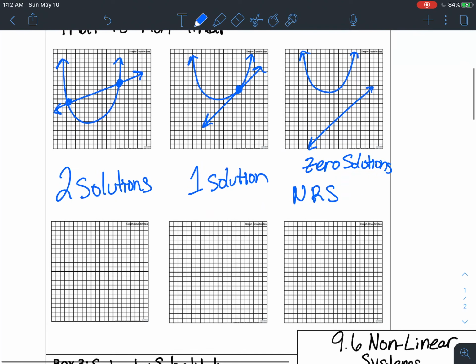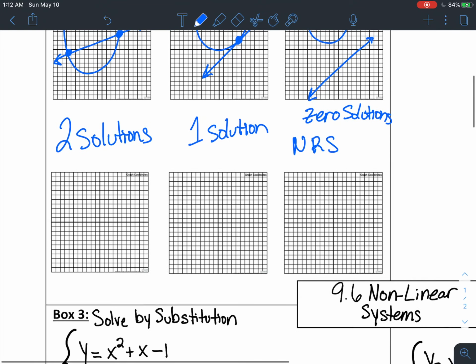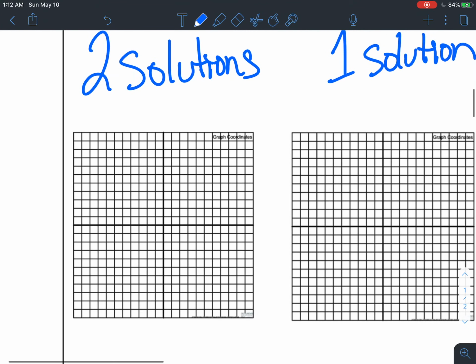We also have possibilities where both equations in my system are nonlinear, so they're both parabolas. There's a bunch of different ways you can have 2 solutions, 1 solution, or no solutions. I could have them open in opposite directions, maybe something like this, almost like the Under Armour logo.